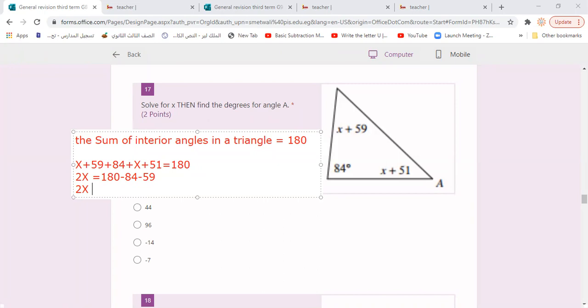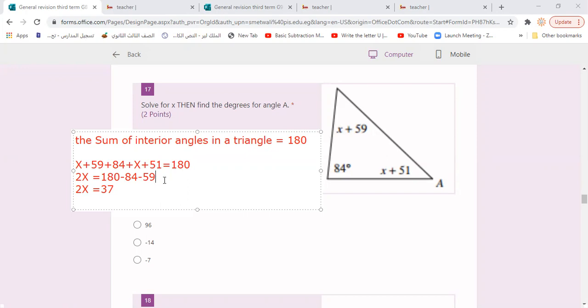So we said x plus 59 plus 84 plus x plus 51. Then 2x equals 180 minus 84 minus 59.